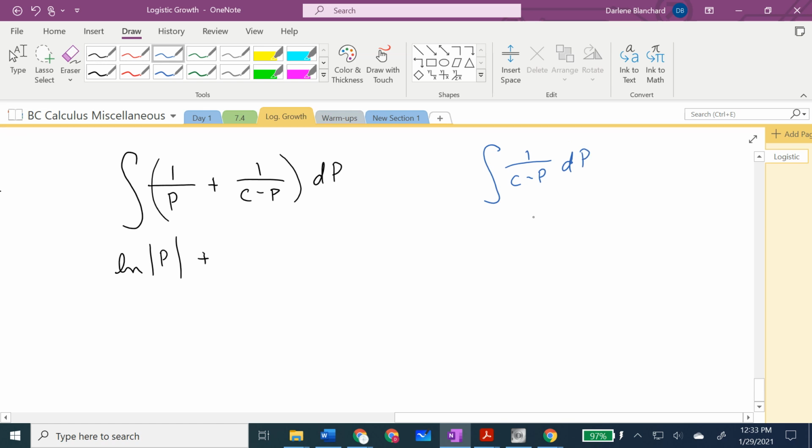I need to do a u substitution. The derivative of u with respect to the p variable, remembering that c is a constant, that derivative is -1. That means that when I multiply dp over to the right, I can also divide or multiply the negative over to the du, so that dp is replaced with negative times du.